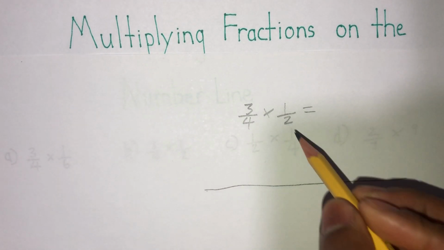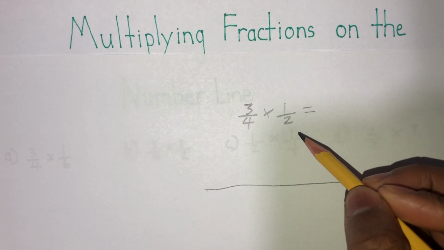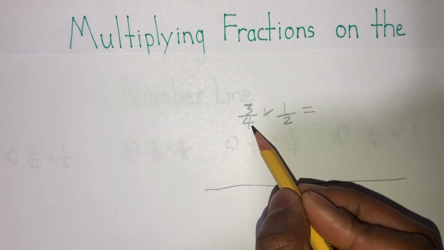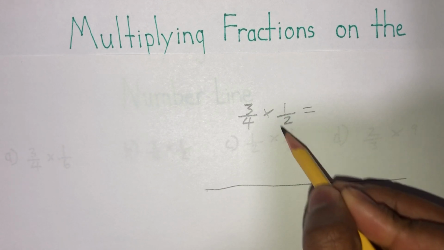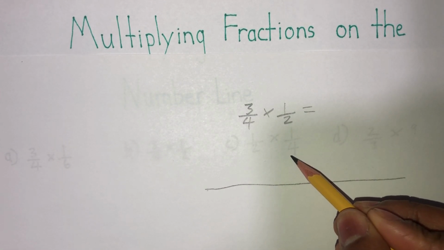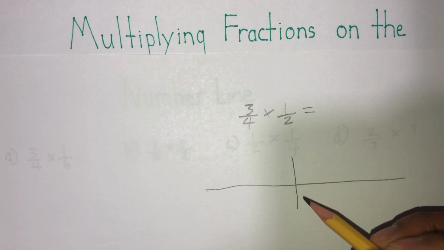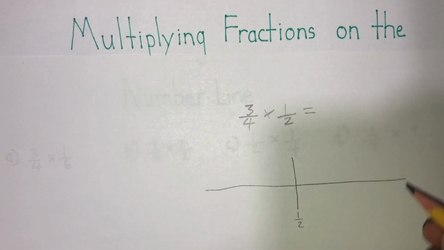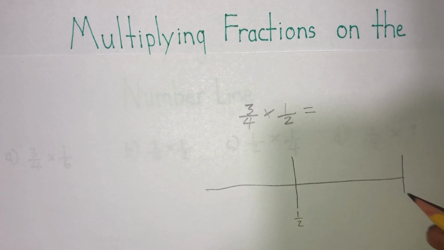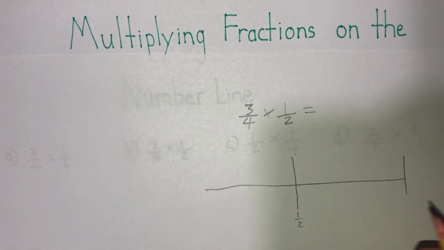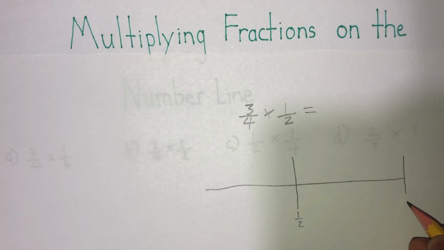Then we're going to divide this number line into half, because we need to find 3/4 of the distance to 1/2. So this is 1/2, and this is 2/2, and we know 2/2 equals a whole, so therefore we can put 1 here.